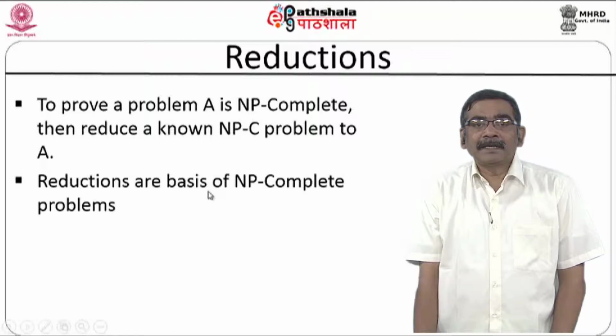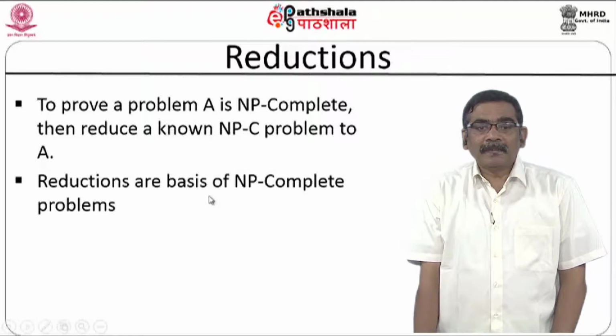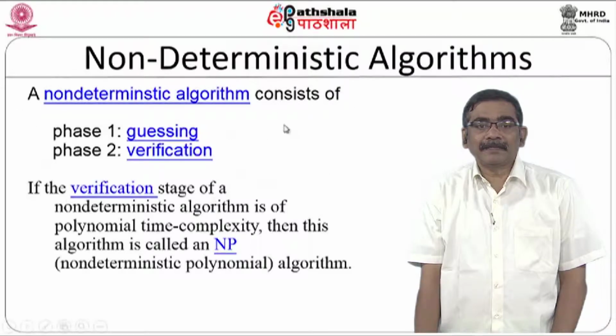In other words, reduction forms the basis of NP complete problems. This is the second pillar. The first pillar, as we said earlier, is that the solution must be checkable in polynomial time, and the second pillar is the reductions. Reduction forms the basis of all the things.